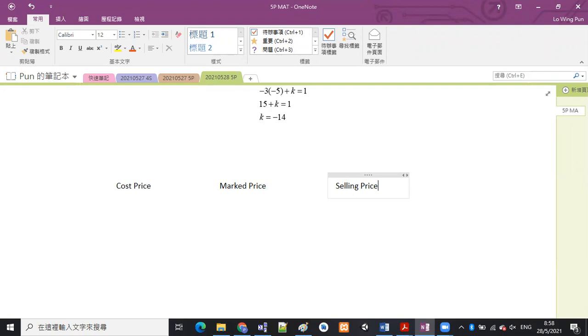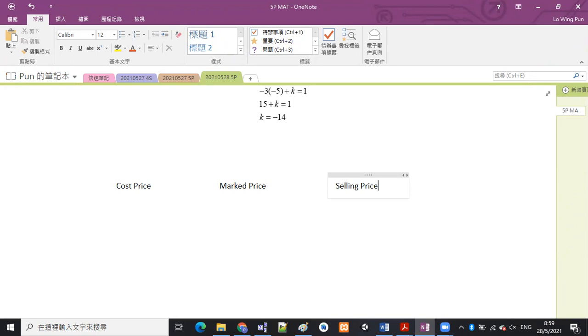Whether it is larger or less than the cost price tells us whether I have made a profit or loss. So I would like you to focus on the order. The most original one is the cost price, then the bigger one is the mark price, and the final one is the selling price in one complete transaction.